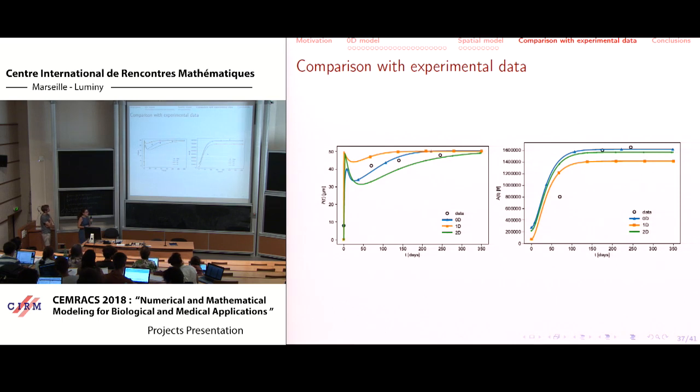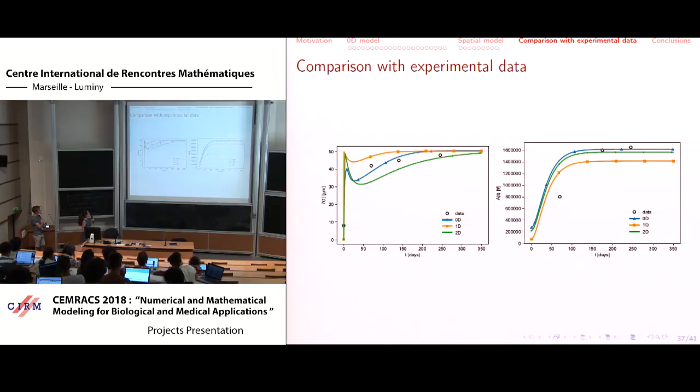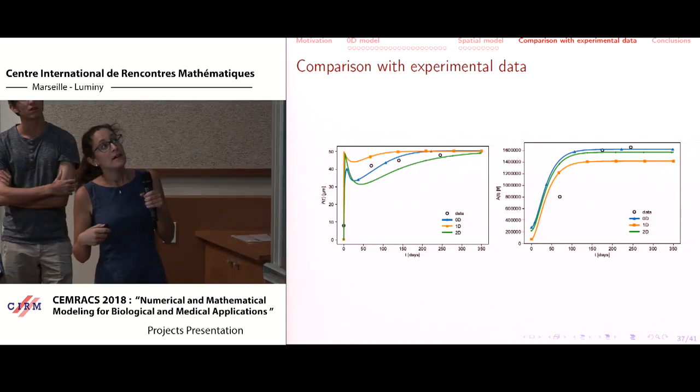Finally, we did some comparison with the experimental data. In these 2 images, we can see here the mean radius with respect to time, and here the total number of adipocytes with respect to time. First we observe that the 0D, the 1D and the 2D models give nearly the same results. Qualitatively the trends are similar.